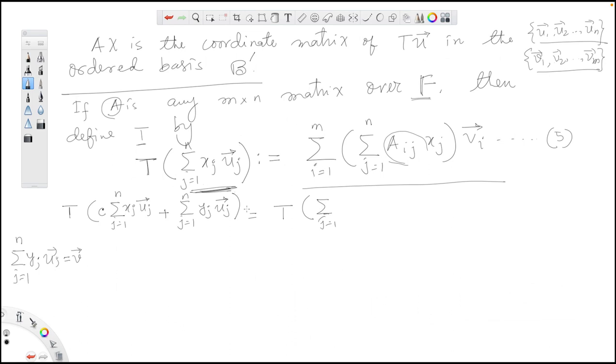So I'm taking c inside the sum, c x_j u_j, and then the other summand, the sum over j of y_j u_j. I can do that.